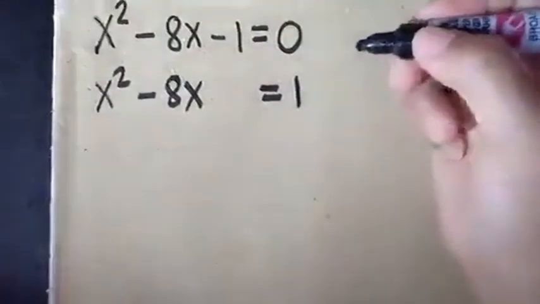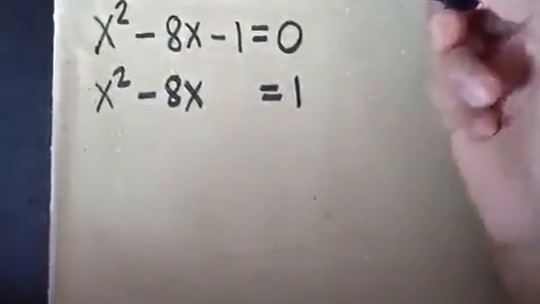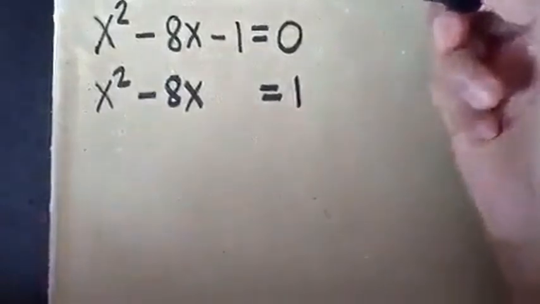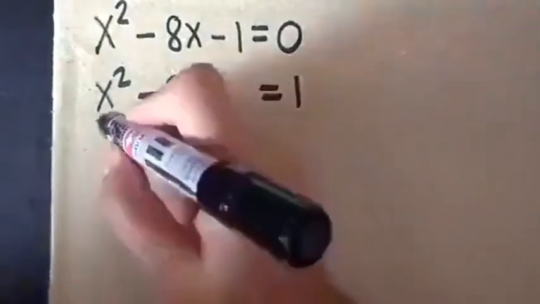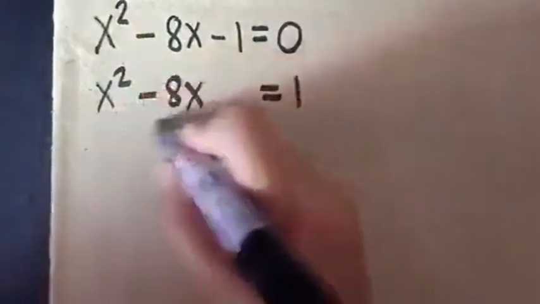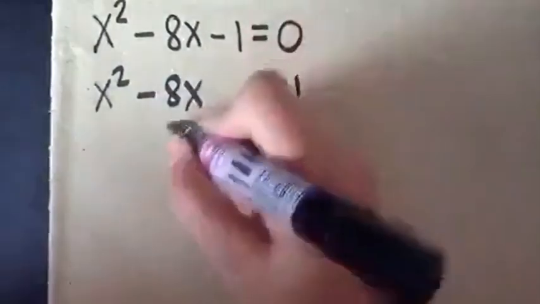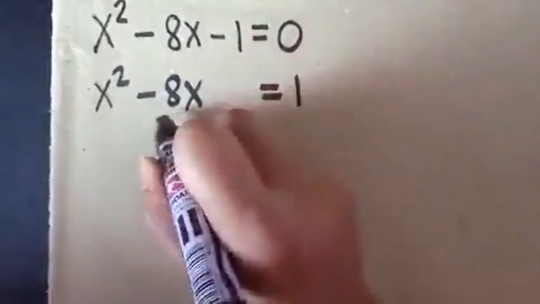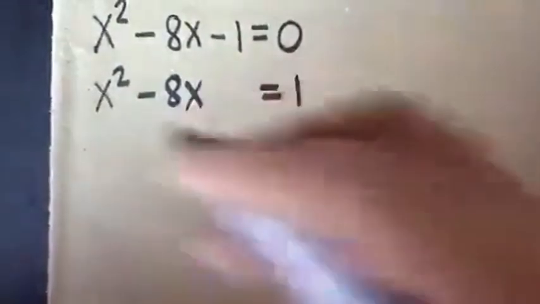Okay? Then, after that, we are going to get 1/2 of the value of b, then square it. Why do we need to do that? It is so that this side of our equation becomes a perfect square trinomial. So, therefore, 1/2 of negative 8 is negative 4. Negative 4 squared is positive 16.